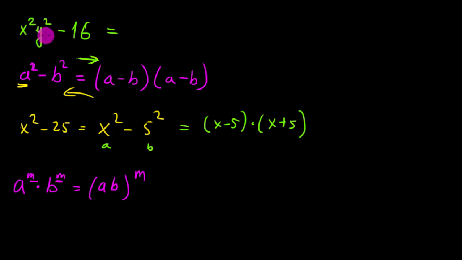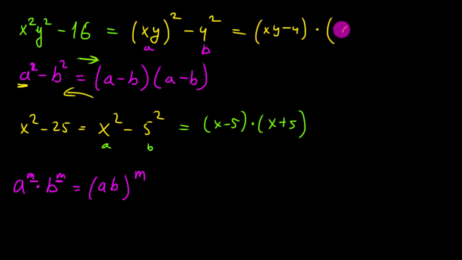We will do the same here, which is xy to the power of 2, and then 16 you can take as 4 to the power of 2. So this is your a, this is your b. So in brackets it will be xy minus 4 times xy plus 4. Okay, that's the idea.